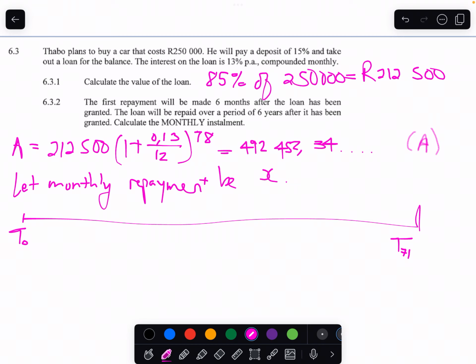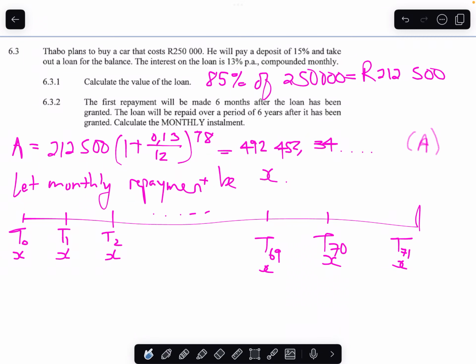Because T0 will be repayment number 1. T1 will be his second repayment, T2 will be his third repayment, and so you'll go. T69 is the third last repayment, T70 is the second last repayment, and T71 is the last and 72nd repayment. So 72 repayments in total.